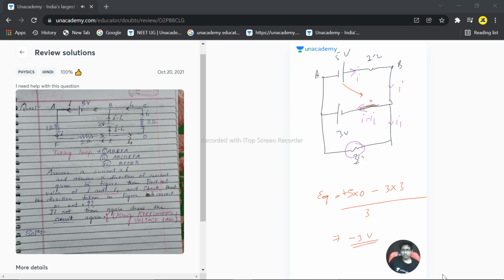Let's start solving by making a loop instead, without assuming anything.